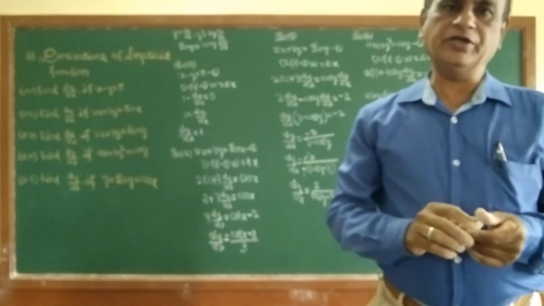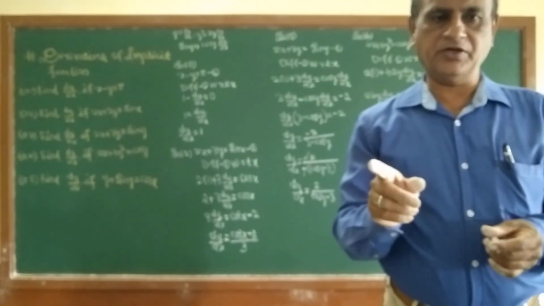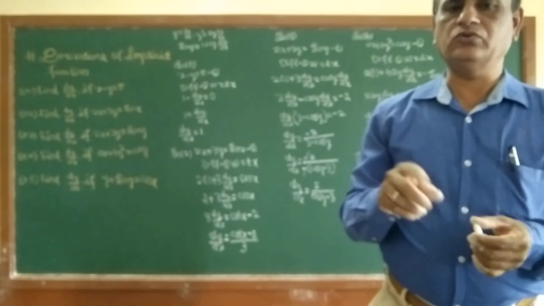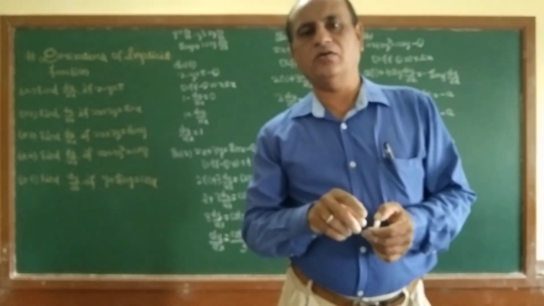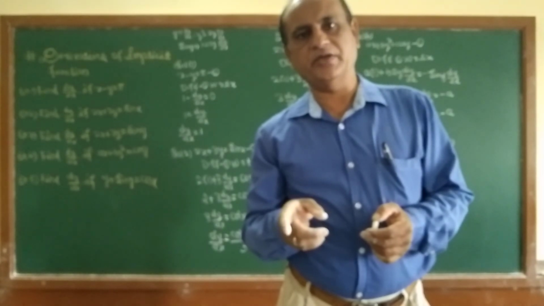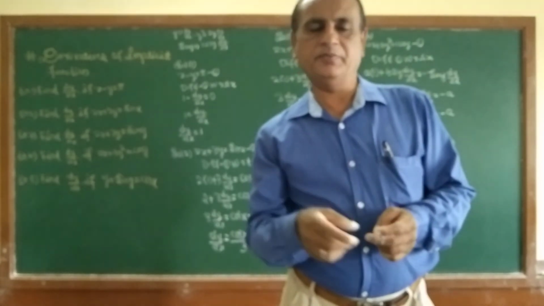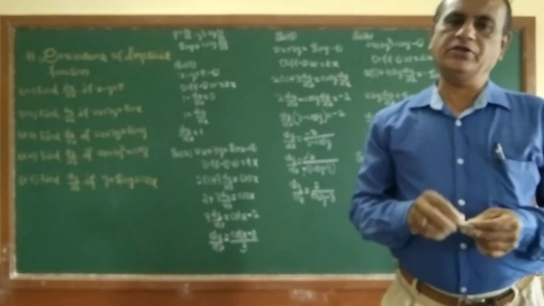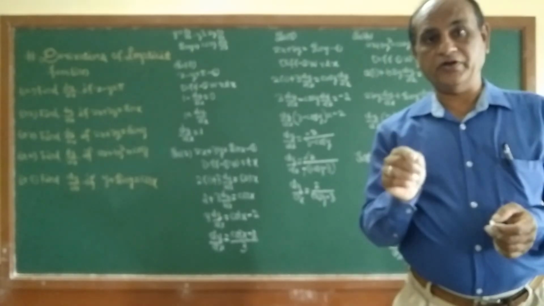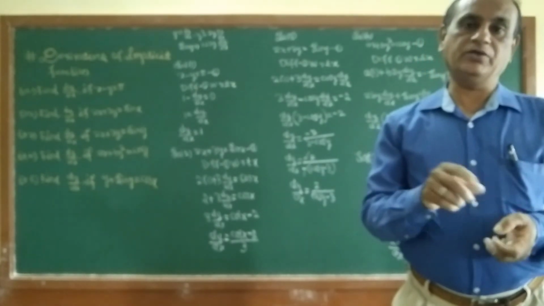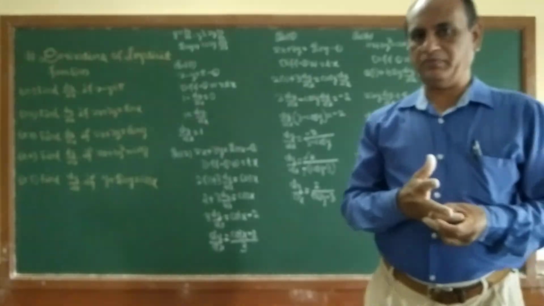After writing the derivative of y, write dy by dx. The derivative of y square is 2y into dy by dx. For example, the derivative of sin y, cos y, tan y: the derivative of sin is cos y, and again you have to write the derivative of y, which is dy by dx.